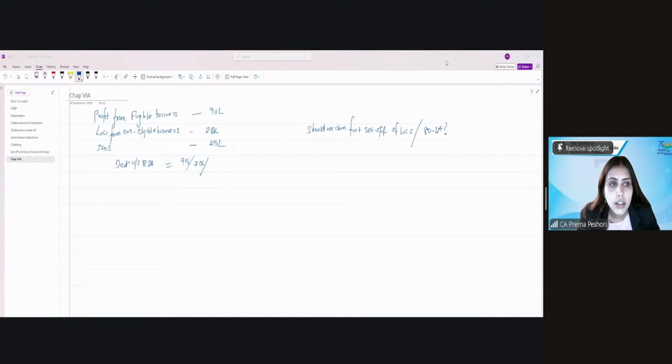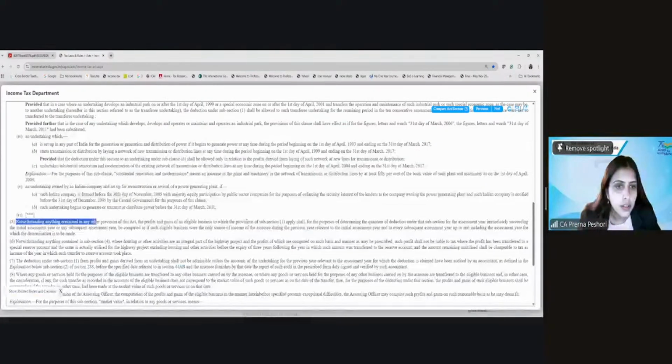Are we getting it? So here, if I take this 80IA(5), this is basically saying this particular point.